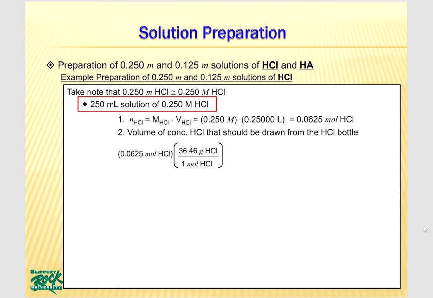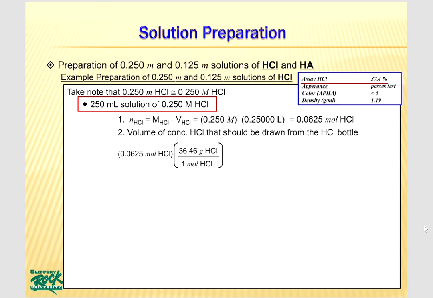The next conversion factor is taken from the assay of the concentrated HCl, which can be found in the label of the HCl bottle. It is 37.4%, implying that 100 grams of concentrated HCl solution in the bottle contains only 37.4 grams of pure HCl.